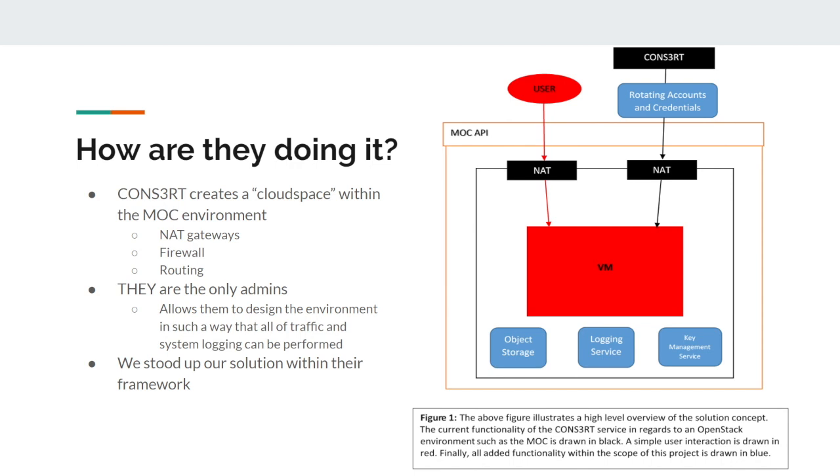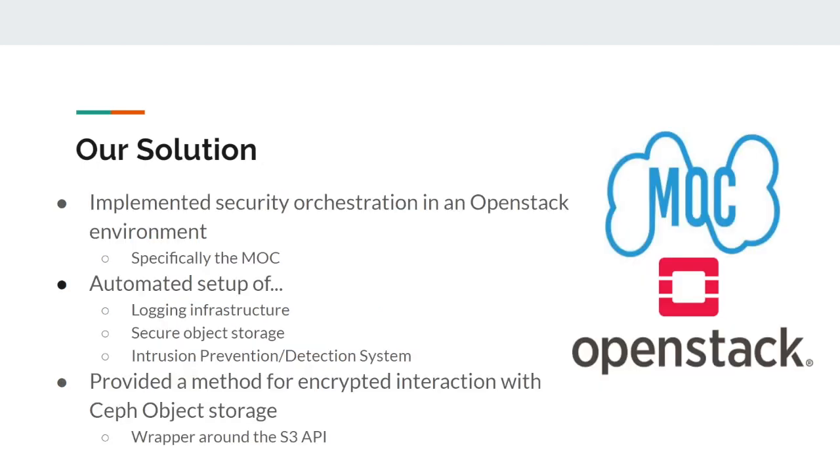So we've made an attempt to stand up our solution within their framework. Our solution involves implementing similar features that they're providing in AWS in an OpenStack environment, specifically in the Mass Open Cloud MOC environment.